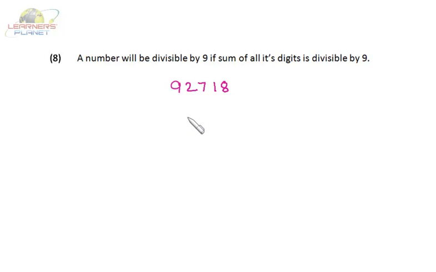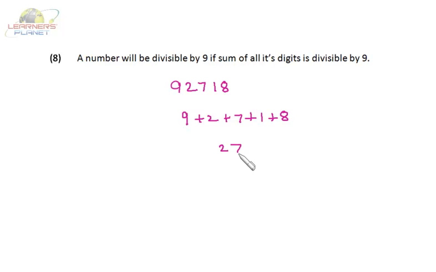So what I'll be doing is just adding all the digits. So it's 9 plus 2 plus 7 plus 1 plus 8. Okay. 9 and 2 is 11, 11 plus 7 is 18, 18 and 1 is 19, 19 plus 8 is 27.